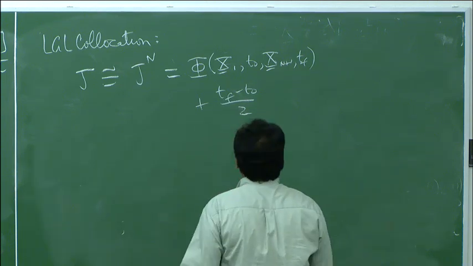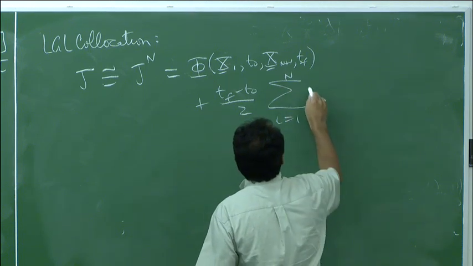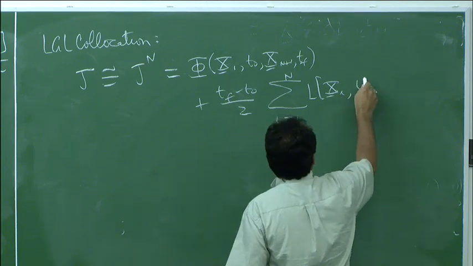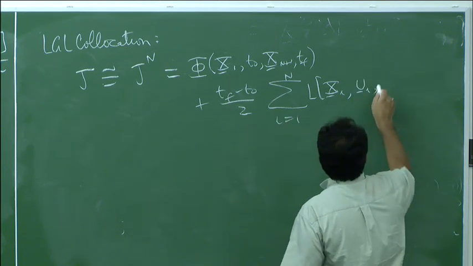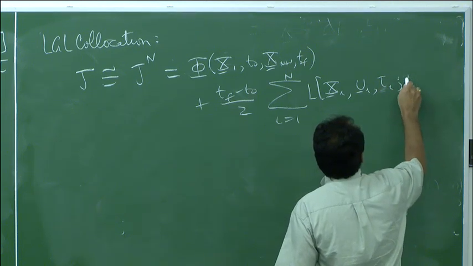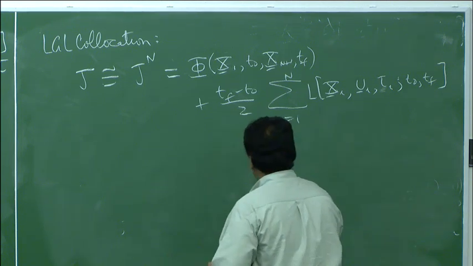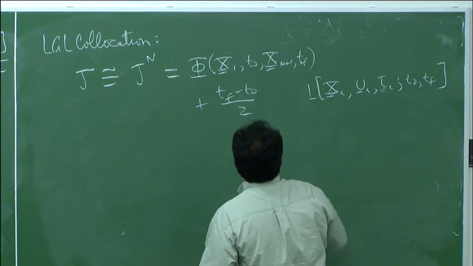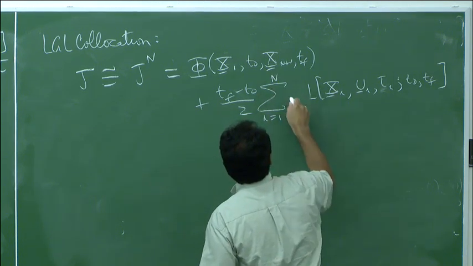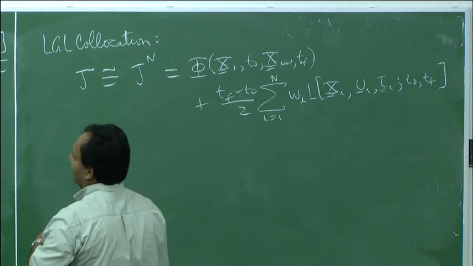But now I'm approximating a quadrature. So I'm going to get the quadrature, which is the sum from i equals 1 to N of L, which is now a function of x_i, u_i, tau_i, t0, and tf. Well, sorry, I forgot the weight. Put the weight in there. The sum from i equals 1 to N, w_i, because I'm approximating with a Radau quadrature. So that takes care of the cost.